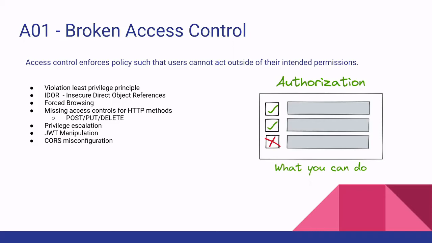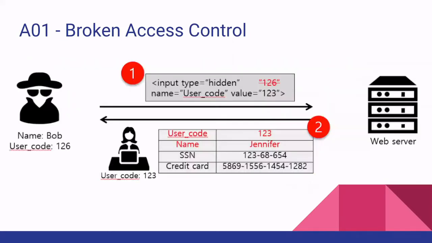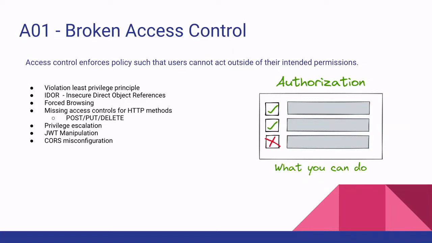There is also something called CORS, cross-origin resource sharing. If you misconfigure that, it can lead to broken access control as well. A browser by default implements a policy called the same-origin policy. What it means is that if there is a site xyz.com, and on another tab there is abc.com, any script or code from abc.com cannot access anything from xyz.com.